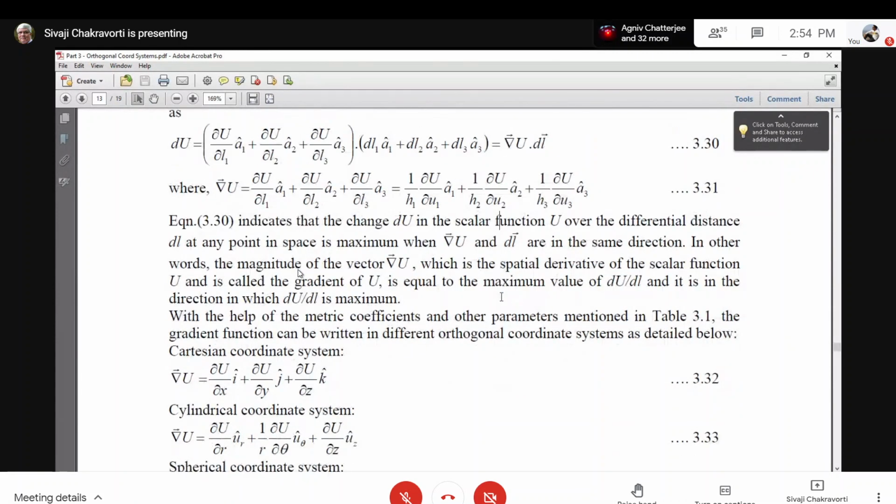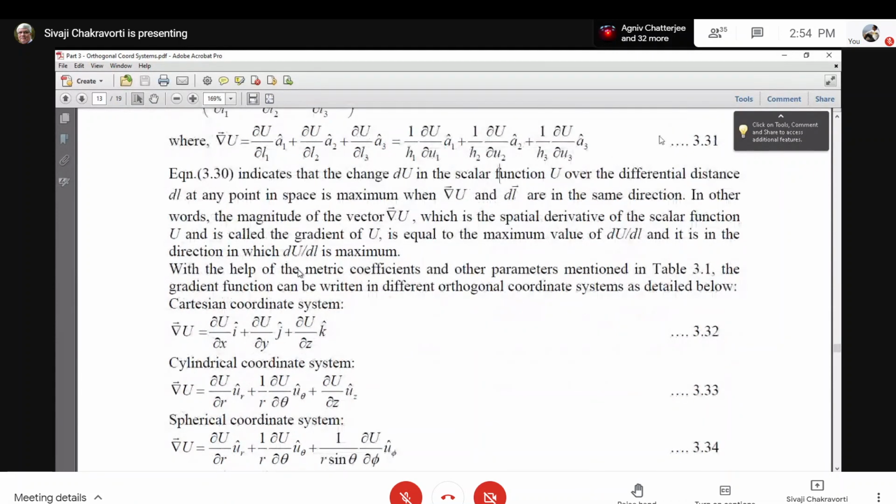Now look at equation 3.31, and say I have the Cartesian system. You know that u1, u2, u3 will become x, y, z, a1, a2, a3 will become i, j, k, and h1, h2, h3 become 1, 1, 1. Put it in equation 3.31, and you will get equation 3.32, which is exactly what we derived earlier.